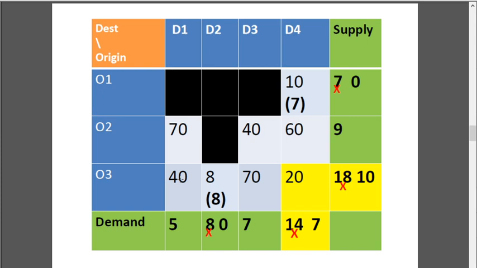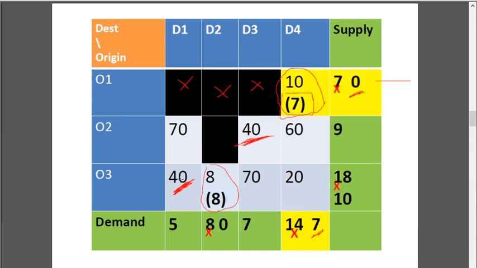Sorry, these are not the minimum ones. We have one more minimum cost cell here, that is 20. This has not been processed, so select this cell 20 now.